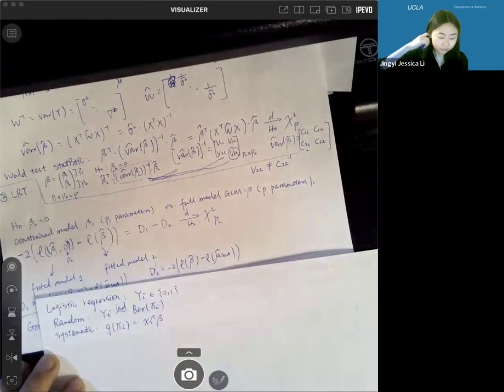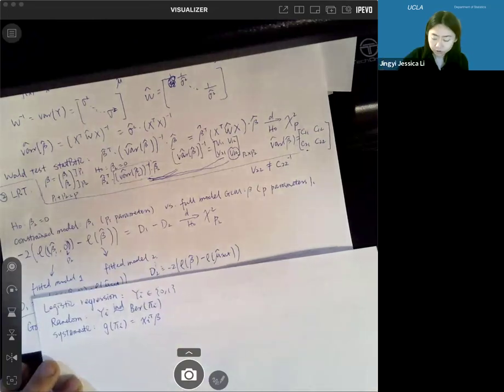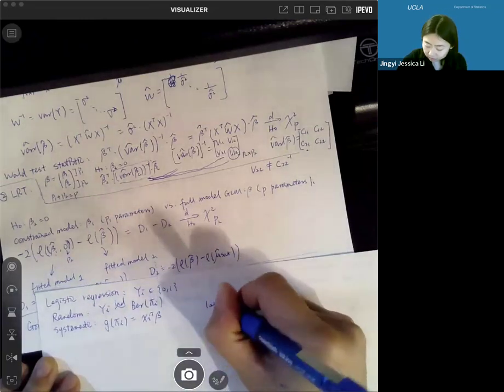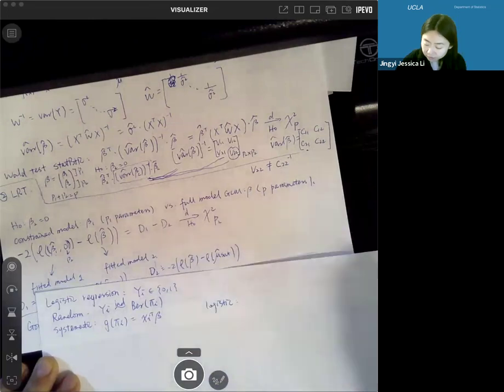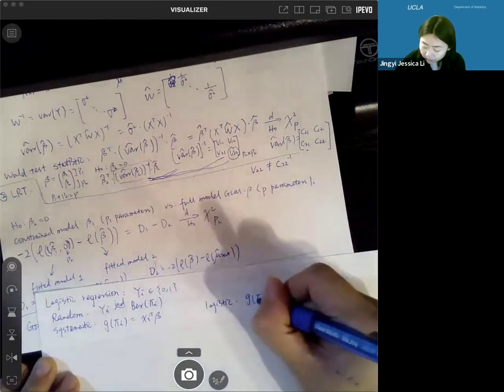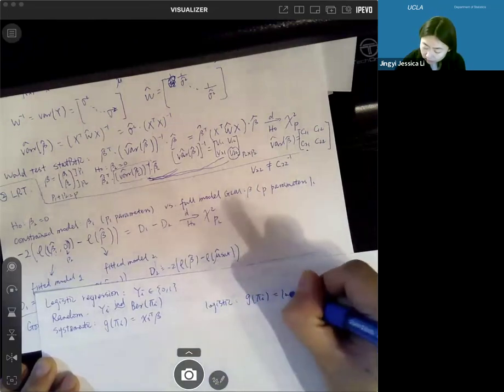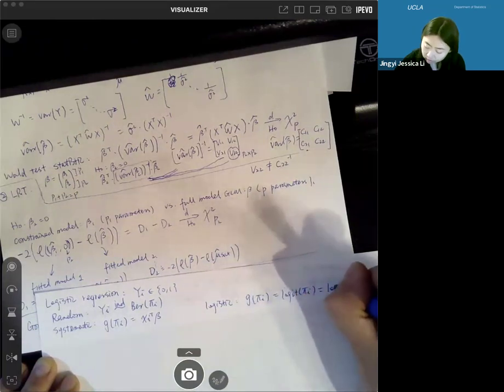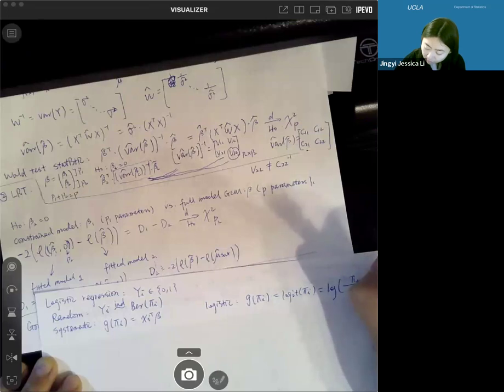This is what we did. When we say logistic regression, we have a specific form for G: G of pi i is the logit of pi i, which is the log of pi i over 1 minus pi i.